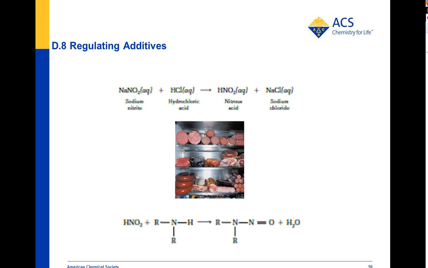You see the reactions that occur as we have the acid, stomach acid, and the nitrite, and then how that all in the stomach, the nitrous acid reacts with the protein during digestion, and it forms nitrosamines, which are carcinogenic.